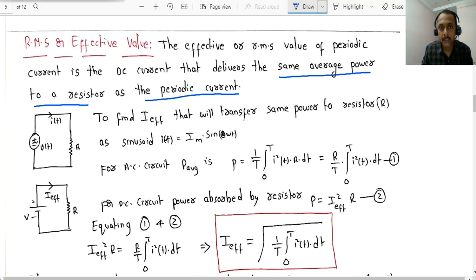How do you understand this? The effective value of a periodic current is the DC current that delivers the same average power to a resistor as the periodic current. In a simple manner, I will tell you.